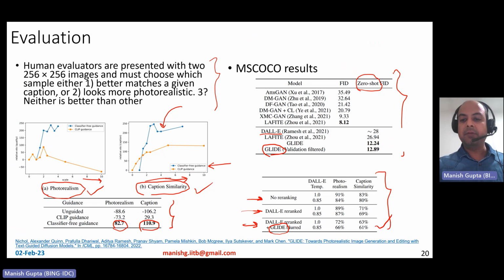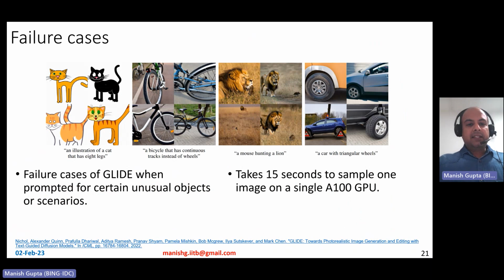These are how many people prefer GLIDE. Of course, if there is no DALL-E re-ranking, DALL-E is a little weaker, so more people prefer GLIDE. But even if you make GLIDE very weak and DALL-E very strong by re-ranking, still more people prefer GLIDE than DALL-E. GLIDE is not the best, and as you know, a better thing is already out, DALL-E 2, and we'll talk about that in the next video.